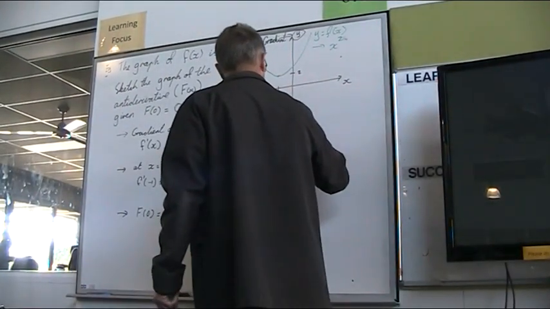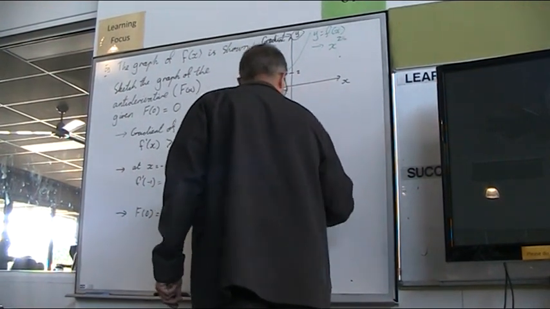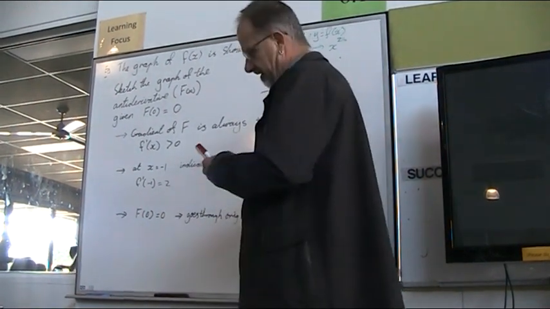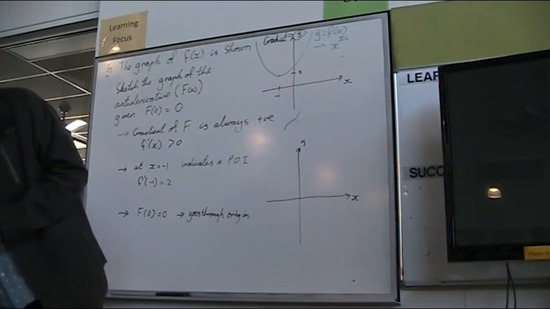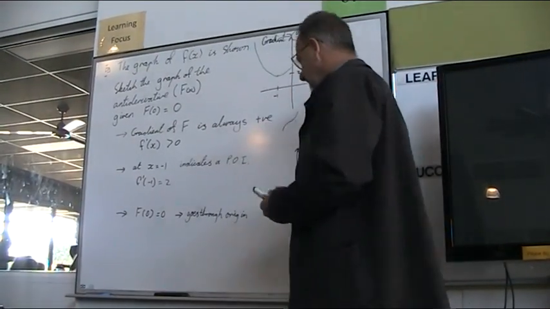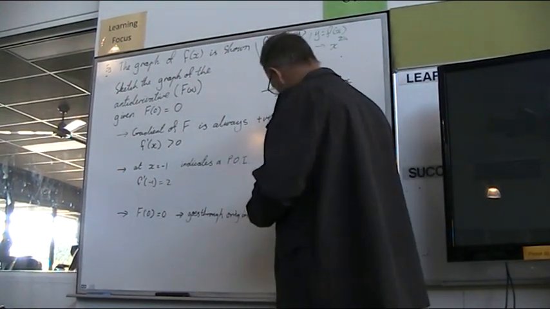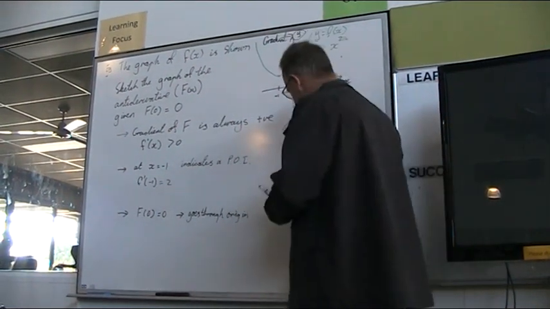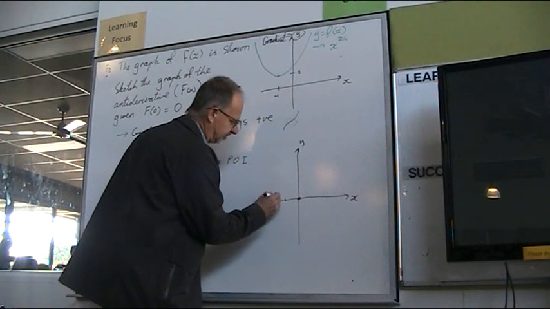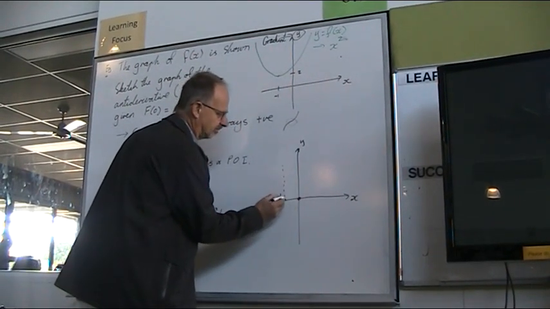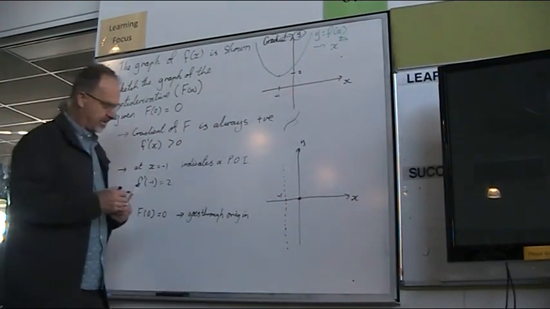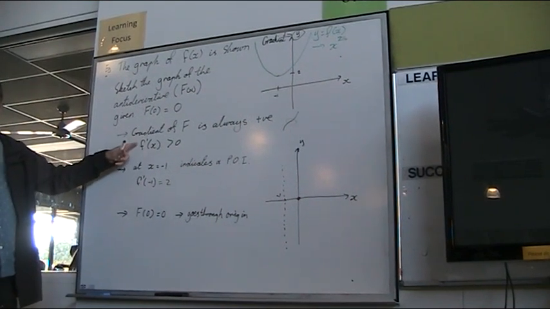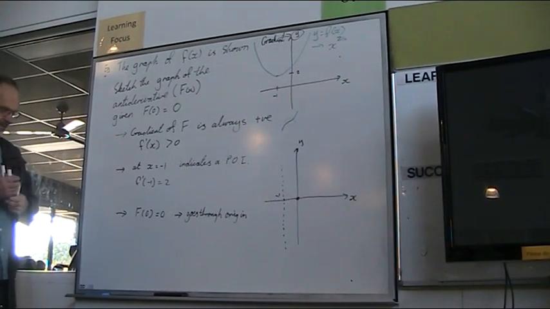All right, so let's put a few of those things together then. This is our big F. I'm going to use red for big F. All right, let's start with this one here. That's the only one we definitely know. We definitely know it goes through the origin. If you're at x = -1, somewhere along this dotted line I've drawn, that's where we have a point of inflection, and the gradient is always positive.